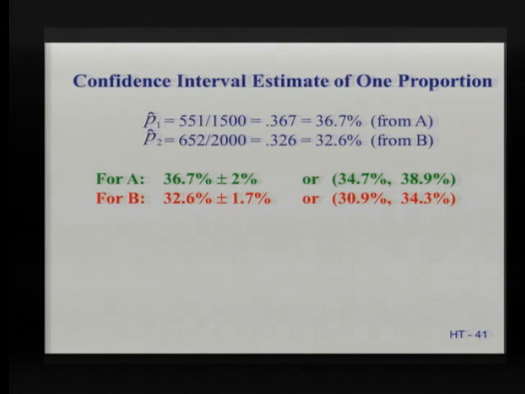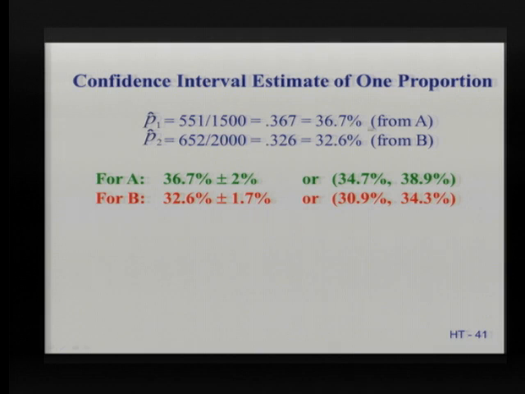We learned confidence interval. Now, when we construct a confidence interval, we use the same kind of sampling distribution. So this is actually a confidence interval estimate for the percentage of people who smoke from 2 different regions. This is based on 1,500. This is based on 2,000. This is the number of people who smoke.